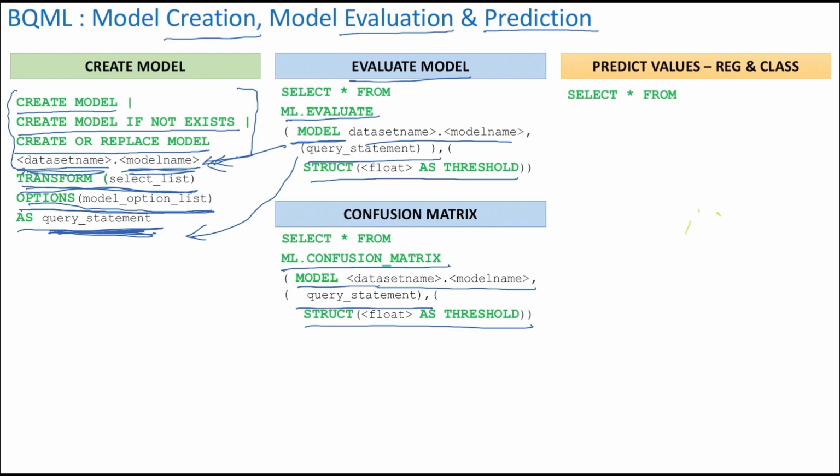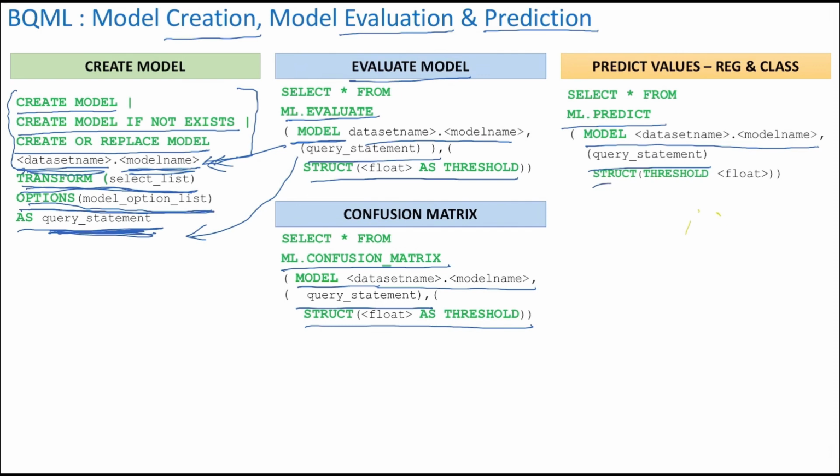We'll first cover the regression and classification models, where again you do select star from, and then the key command is ml.predict. You specify which model you're predicting from, the query statement, which gives you the data set on which the prediction should be run, and finally, again, you can specify the threshold.